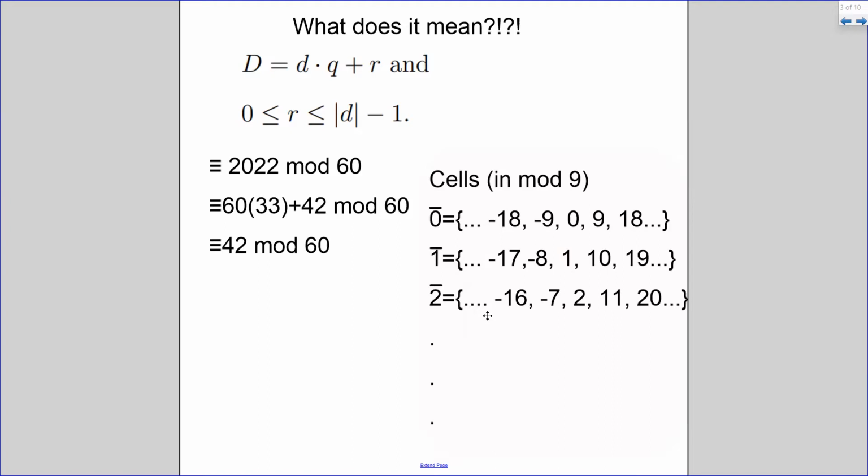It would be -17, -8, 1, 10, and 19 are all going to be congruent here. Notice all we're doing between each of these values is adding our mod. In this case, it's mod 9, so we add 9 to get from one to the next. Because really, when we're adding our mod in, we're adding in 0, because 0 mod 9 in this case is congruent to 9 mod 9.